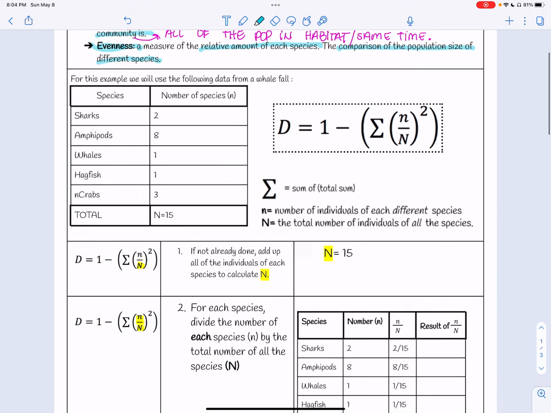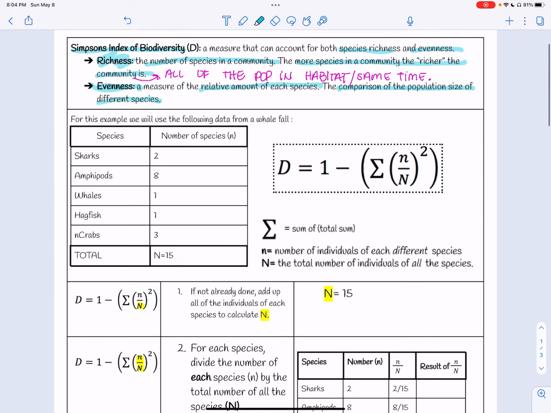So we're going to use this data set from a whale fall, where you have the number of species, which is little letter n. For sharks, we have 2. Amphipods are 8, whales 1, hagfish 1, and then crabs 3. And obviously whales will be 1 because it's a whale fall, so you've got 1 dead whale there.